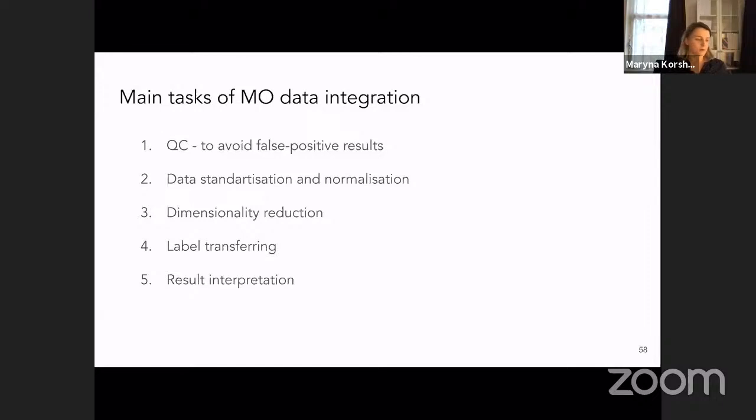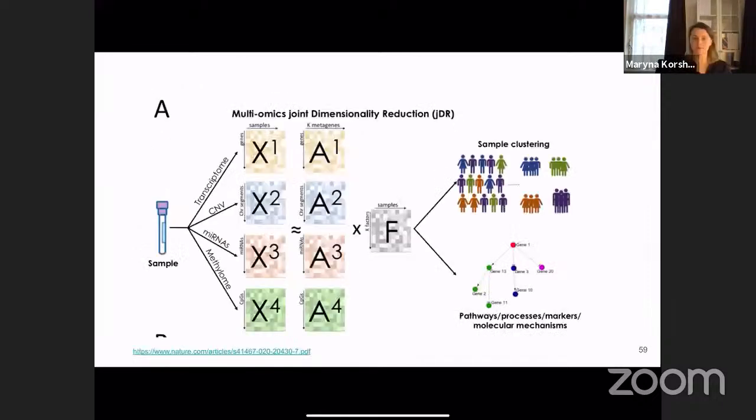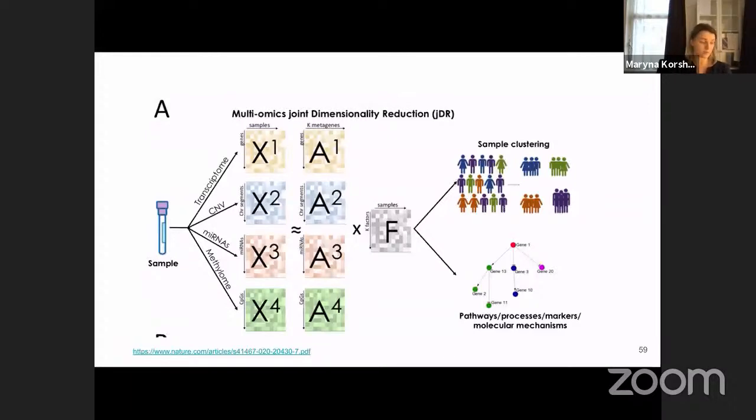So let's discuss one particular example, a little bit of practice. Imagine you have a sample and you measure the transcriptome, copy number variation on the DNA level, microRNA content, and methylome in these cells.